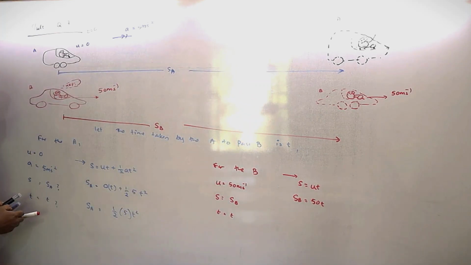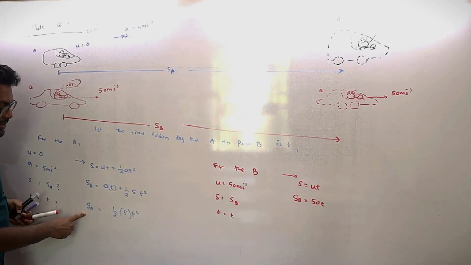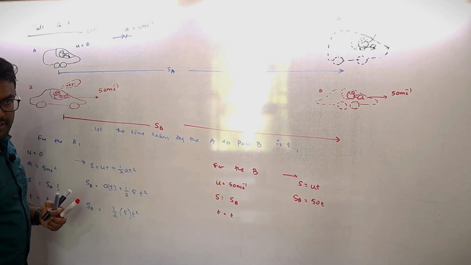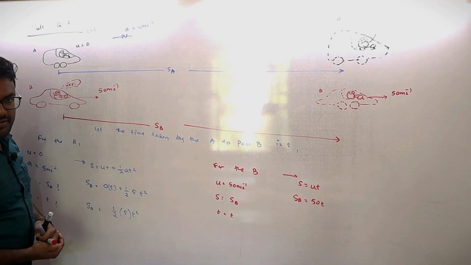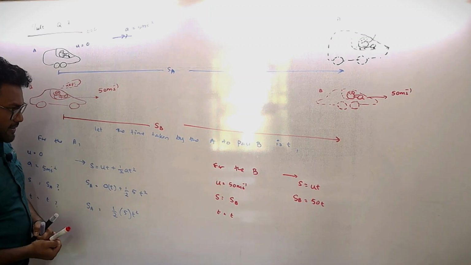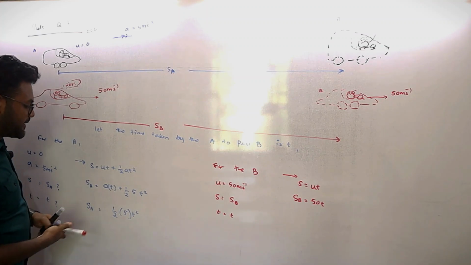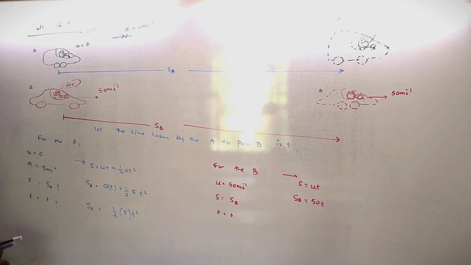And thereafter I can equate the SA and SB, right? And I can get the time first, and maybe thereafter we can find out the SA and SB. We're supposed to find the time and also the displacement at the same time, right?